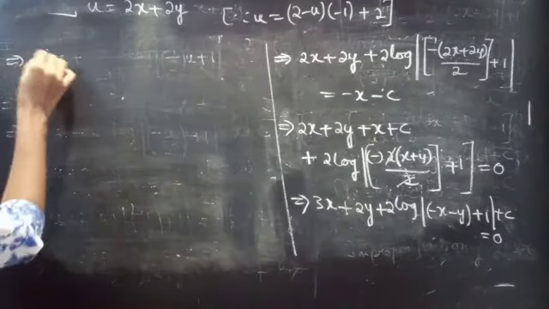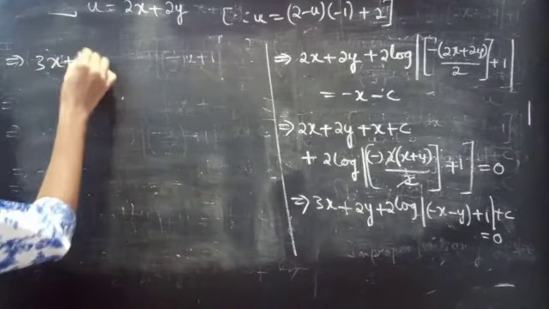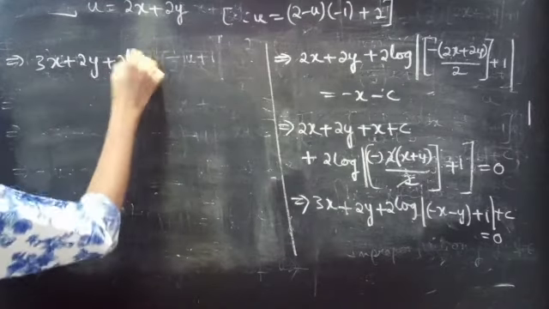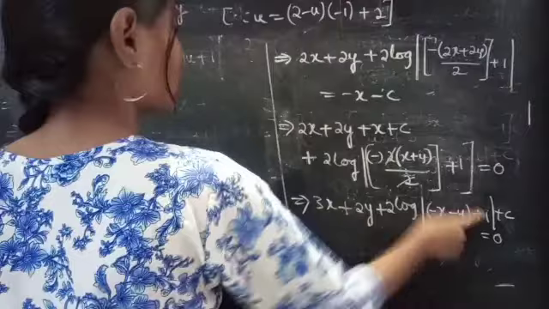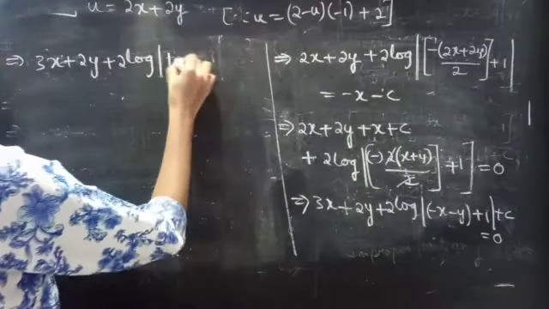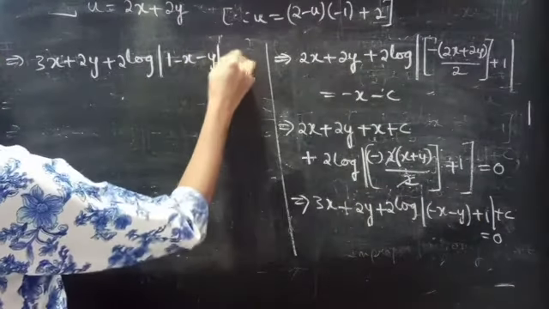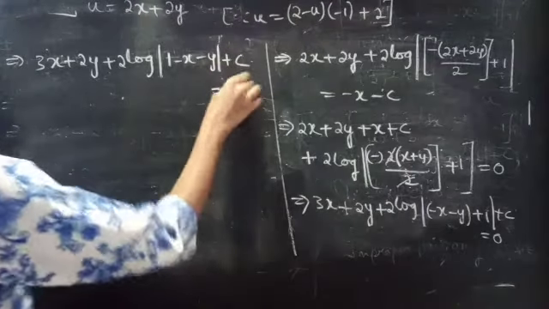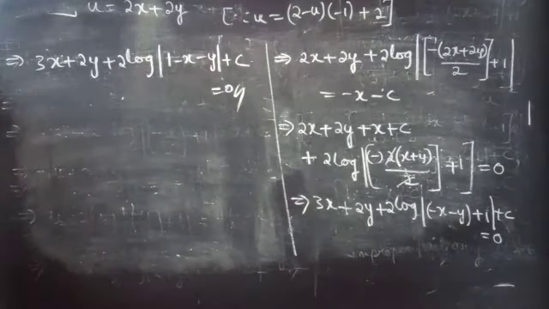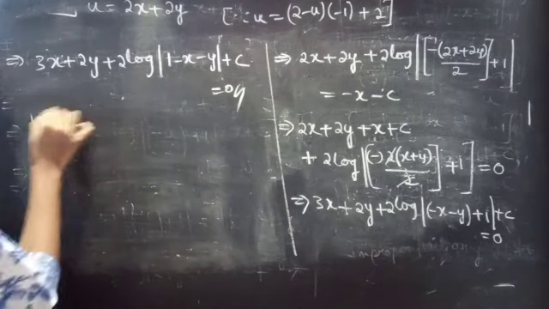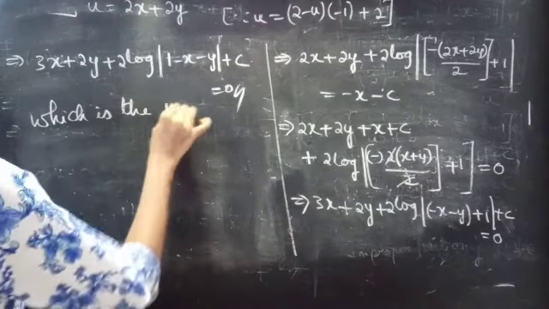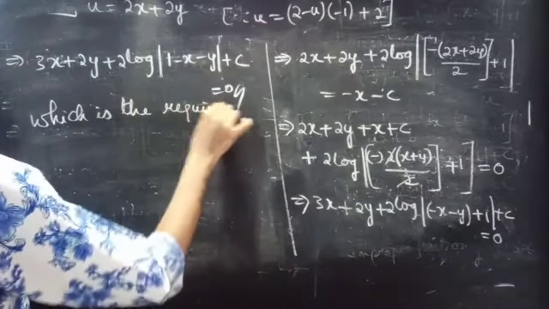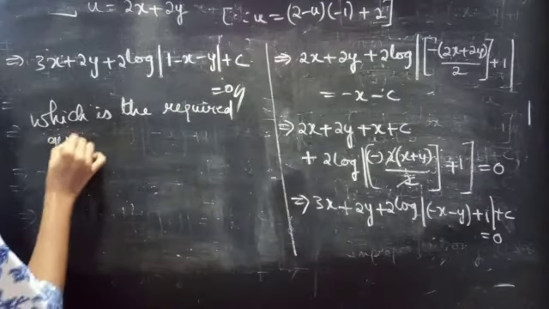Then 3x plus 2y plus 2 log mod (1 minus x minus y) plus c equals 0, which is the required general solution to the given equation.